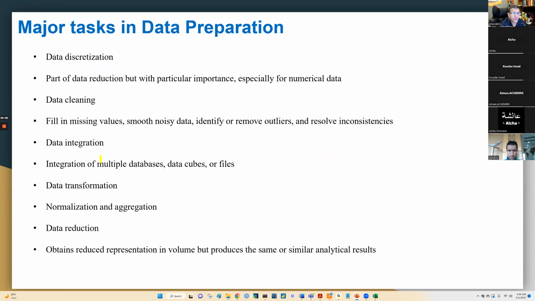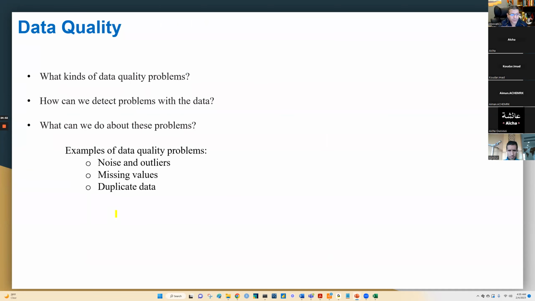Okay, so these are major tasks that you can use to help you prepare the data: data discretization, data cleaning, missing values, integration, transformation, normalization, reduction, etc.